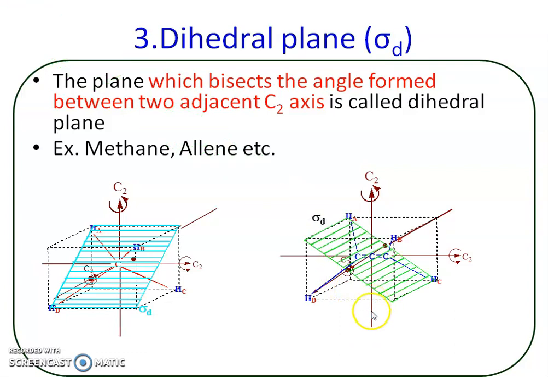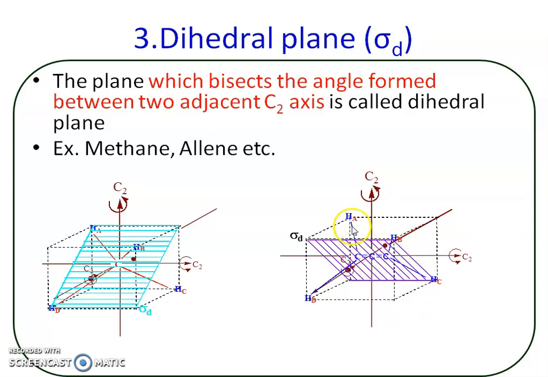This is the next plane which is passing through this hydrogen A, the central carbon and hydrogen C. Now here there is a reflection between hydrogen B, these 2 side carbons, and hydrogen D. This is the next plane which is passing through hydrogen B, hydrogen C and the central carbon.